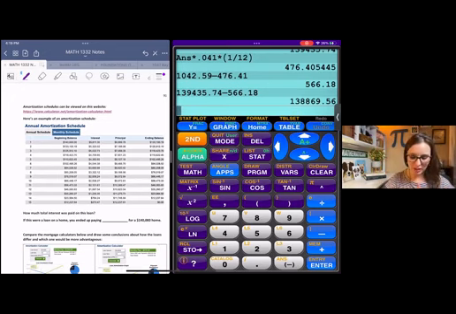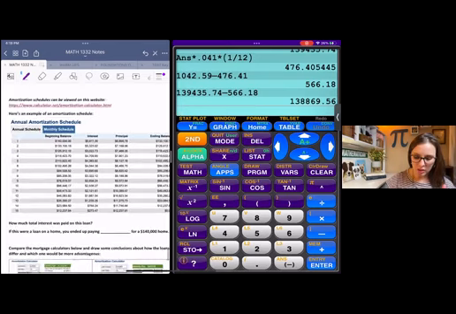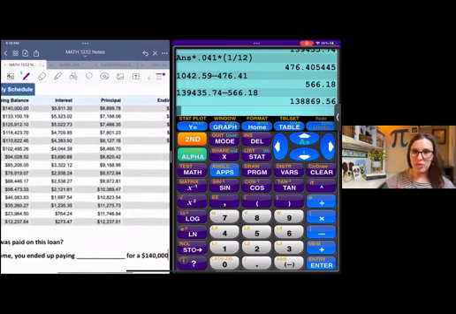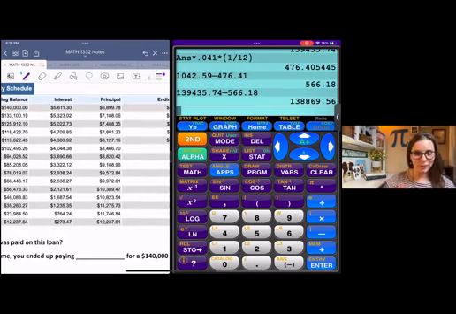So I went with a yearly schedule here, and you can see yearly what goes to interest and what goes to principal. And this is where I'm telling you again, where it can get a little bit depressing. You're putting all your hard work and effort into paying off this loan, and you see how much goes to interest, and you're like, oh my gosh. Anyway, so this is the amount of interest each year that goes towards your loan.